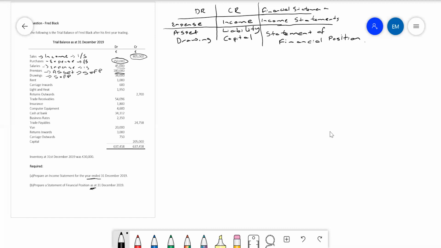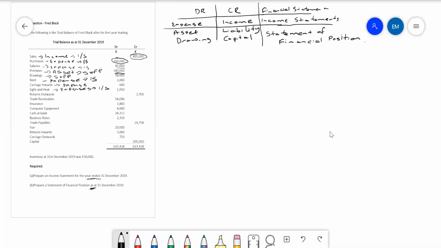Rent is a debit balance that is an expense, and therefore it'll appear in the income statement. Carriage inwards is a debit balance and an expense, and will appear in our income statement. Light and heat is an expense, and therefore it will appear in our income statement.